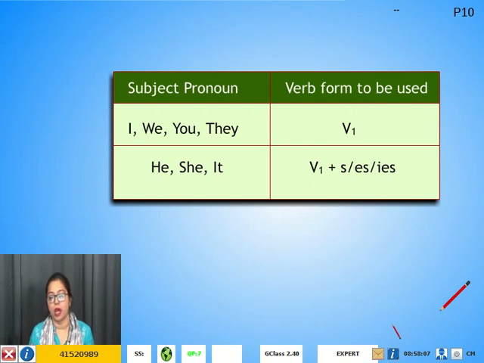When the subject pronoun is I, we, you, they, you have to use the first form of the verb, only V1. And when the subject pronoun is he, she, it, along with the base form of the verb you are to use S, ES or IES. I hope it's clear to you all till here.